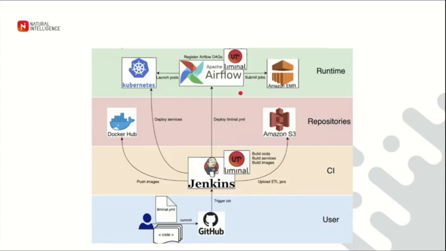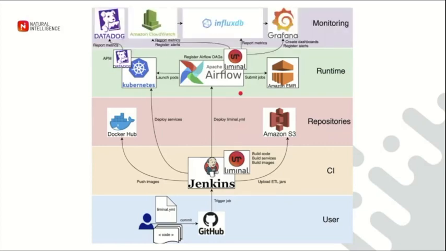There's one more layer as far as our SDLC goes, and it's monitoring. So for monitoring, we use various solutions. We have Datadog to monitor our services using their Datadog agent and APM. So we report metrics with an agent installed on all our Kubernetes pods to Datadog.